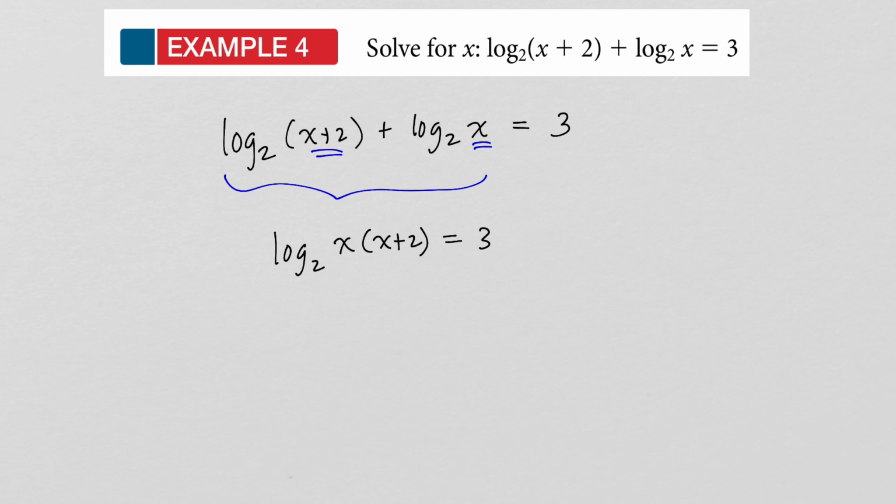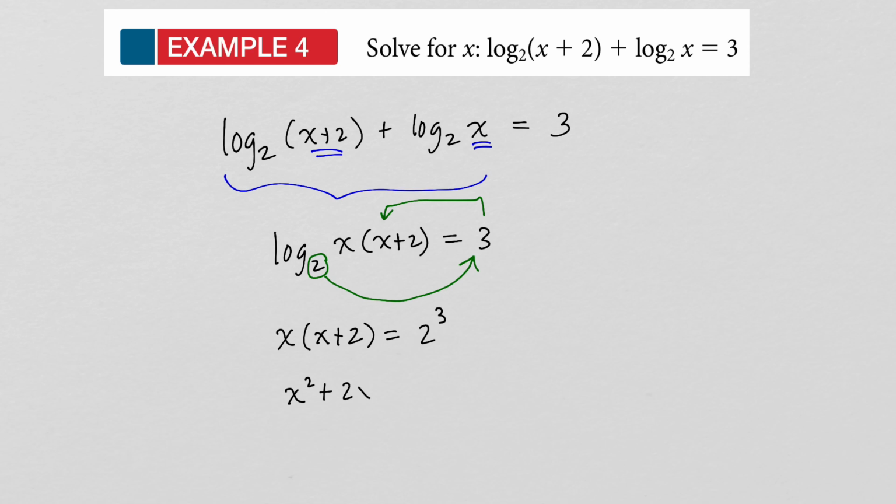Now from here, to solve this equation, we're going to get rid of the logarithm by writing this in exponential form. So we're going to say 2 raised to the 3rd power is equal to x times x plus 2. So x times x plus 2 is equal to 2 to the 3rd power. And this means x squared plus 2x is equal to 8.